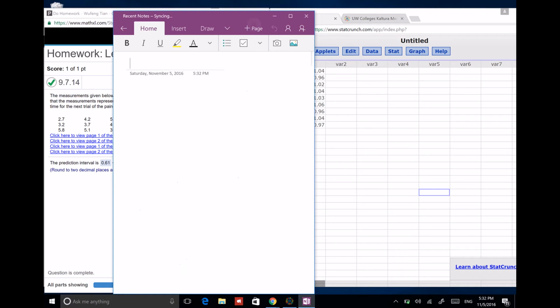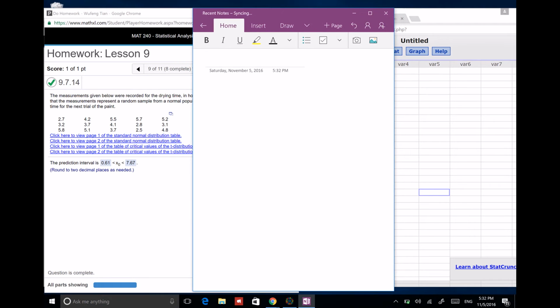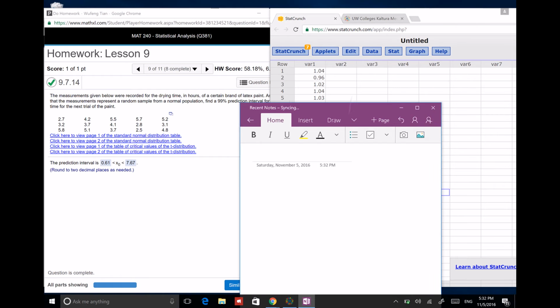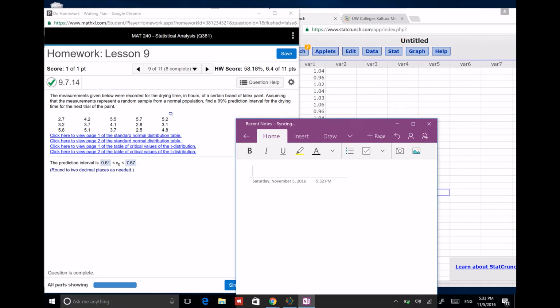How you do number 9 is, first, look at the question. It's a 99% prediction interval for the drying time for the next trial of the paint. It doesn't say the previous, it says the next one, the next trial. Okay, prediction interval.